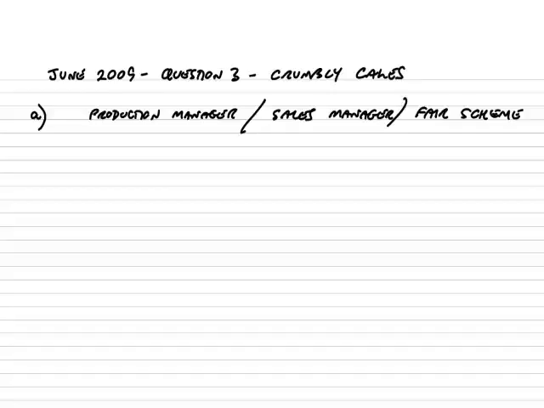First of all, the production manager. We're given variances for each of February and March. And so the first thing to say is just comment straight on those variances as they are.